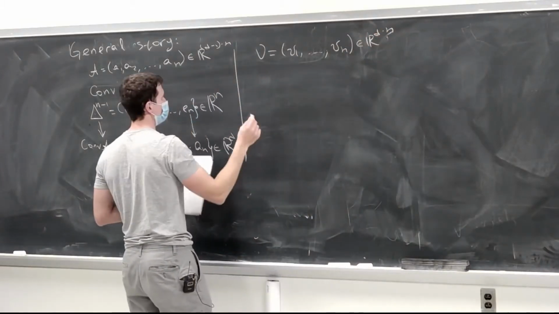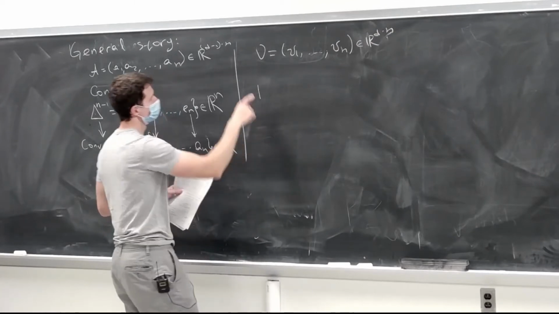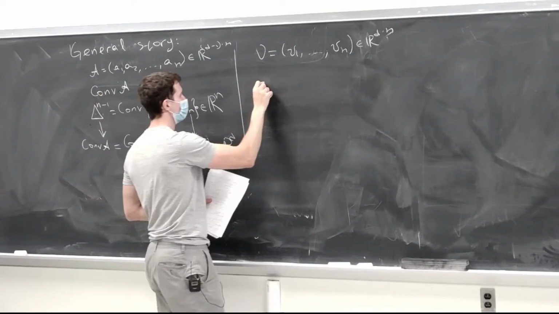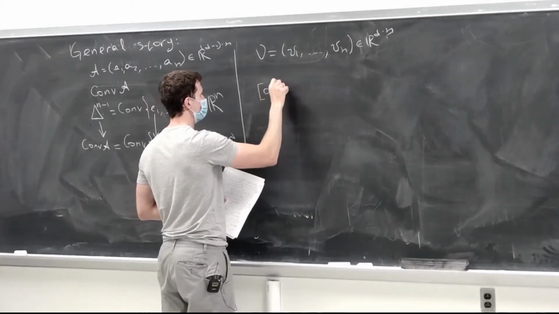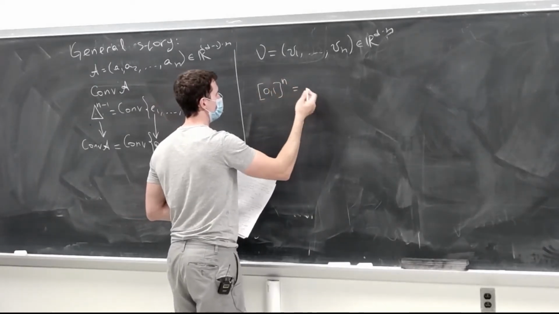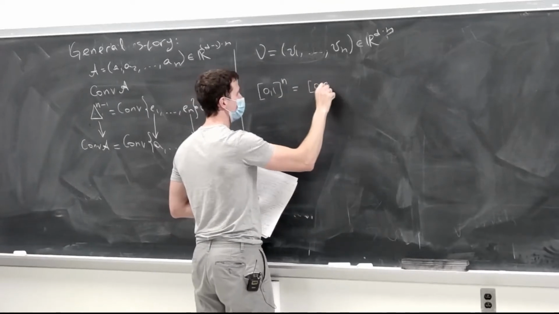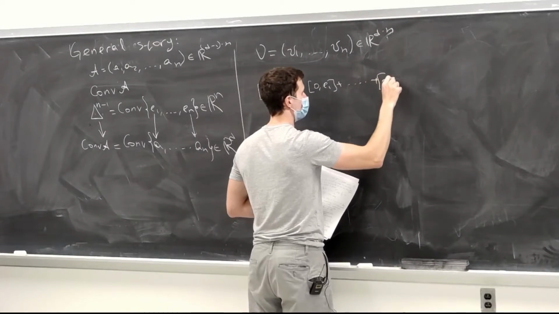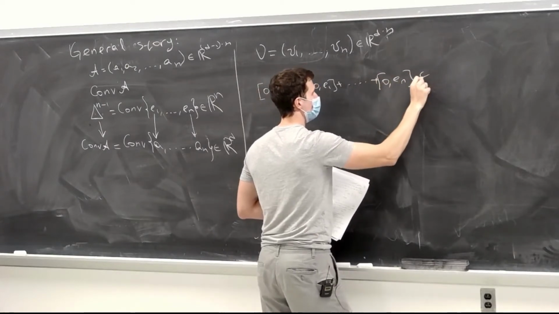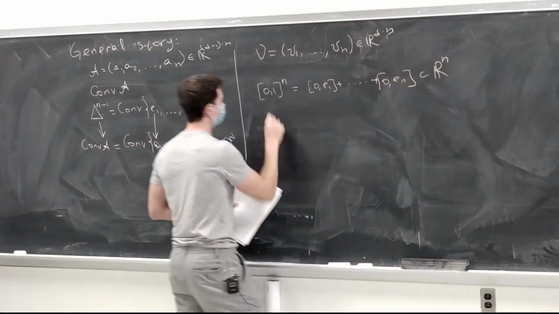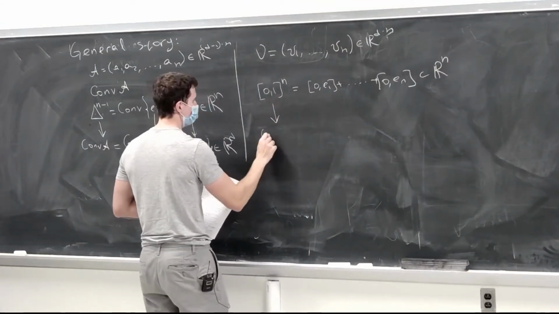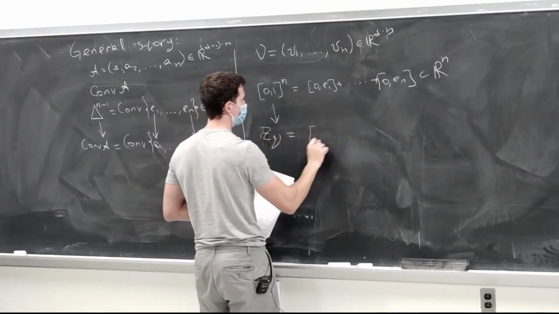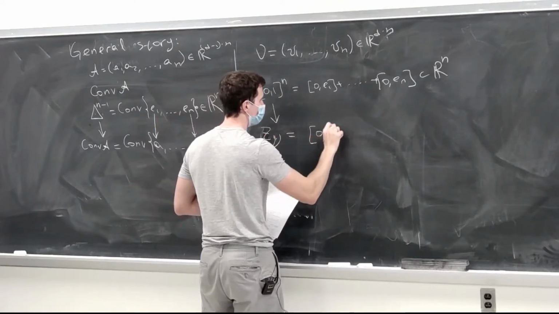Then instead of taking the simplex, you take an n-dimensional hypercube, which is a Minkowski sum of line segments in Rn, and then you project onto the zonotope, which is the Minkowski sum of these vectors.